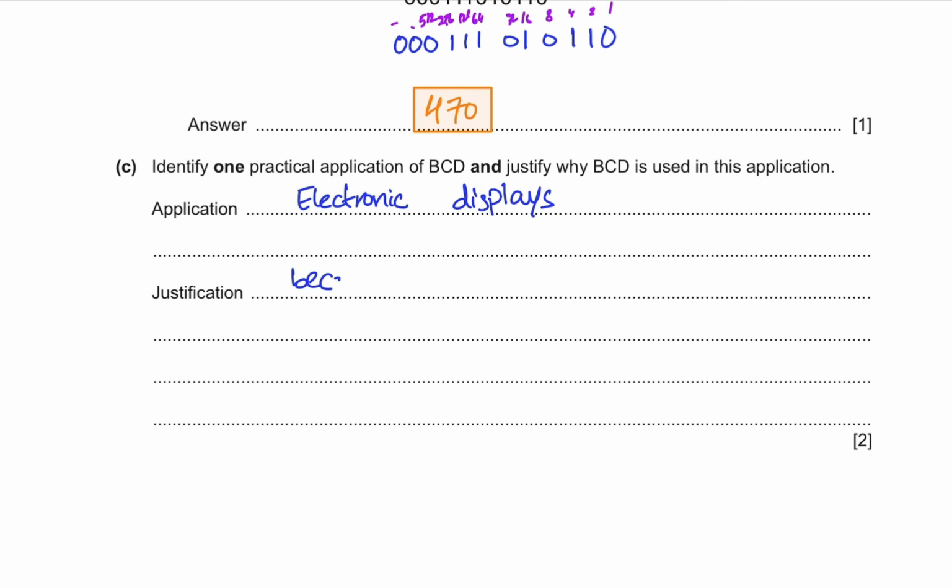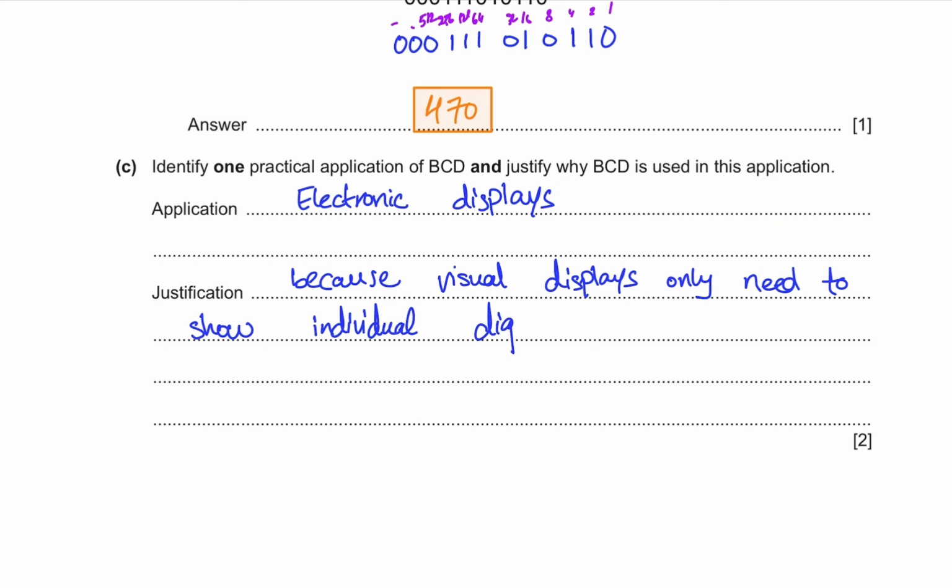Justification is that visual displays only need to show individual digits.